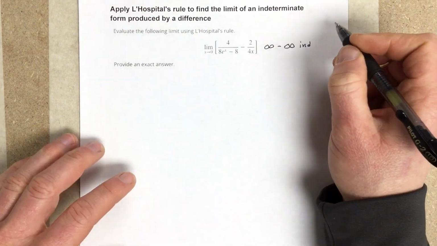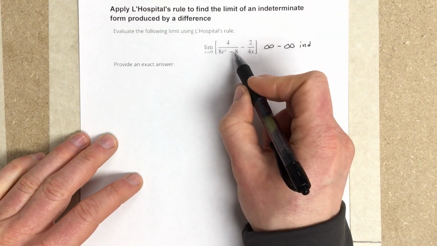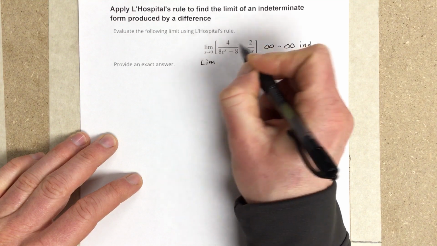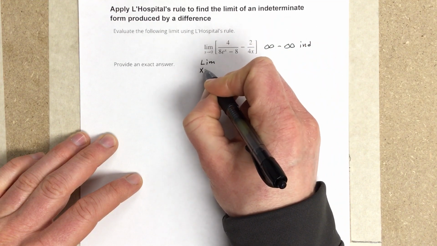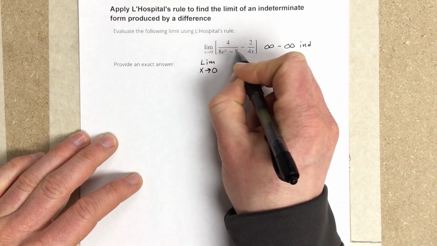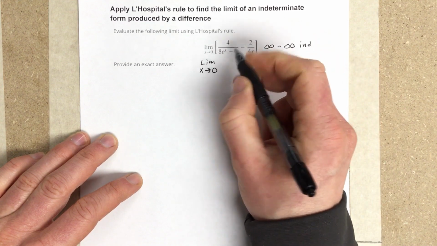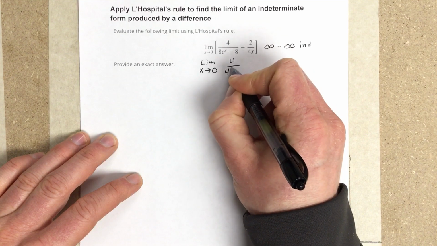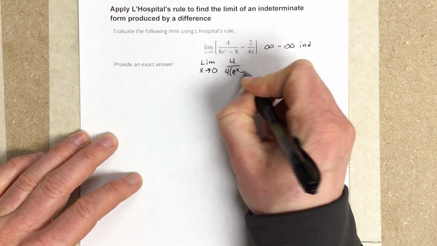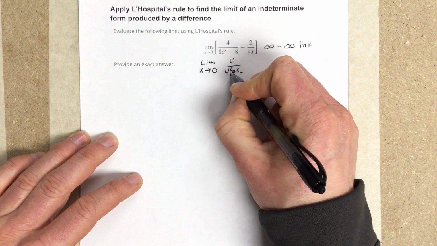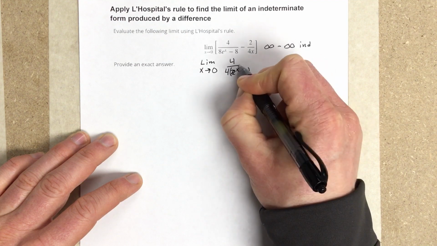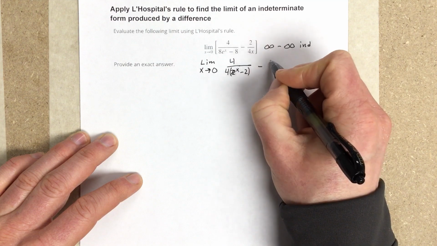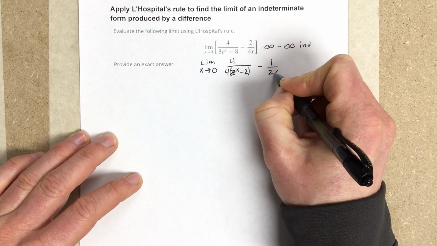Now before I apply L'Hopital's rule, let's simplify this equation by factoring a 4 out. The limit as x approaches 0 of 4 over 4e to the x minus 2, minus, if I cancel the 2's here, 1 over 2x.